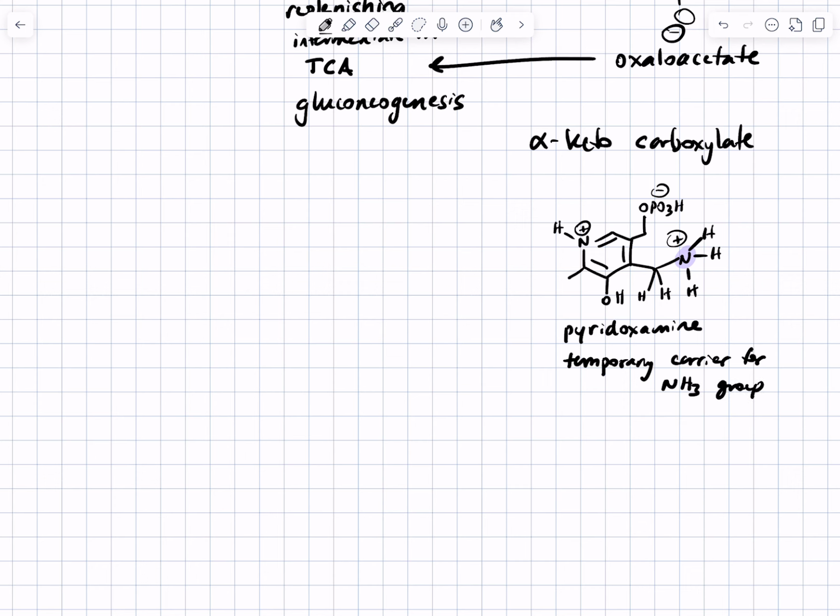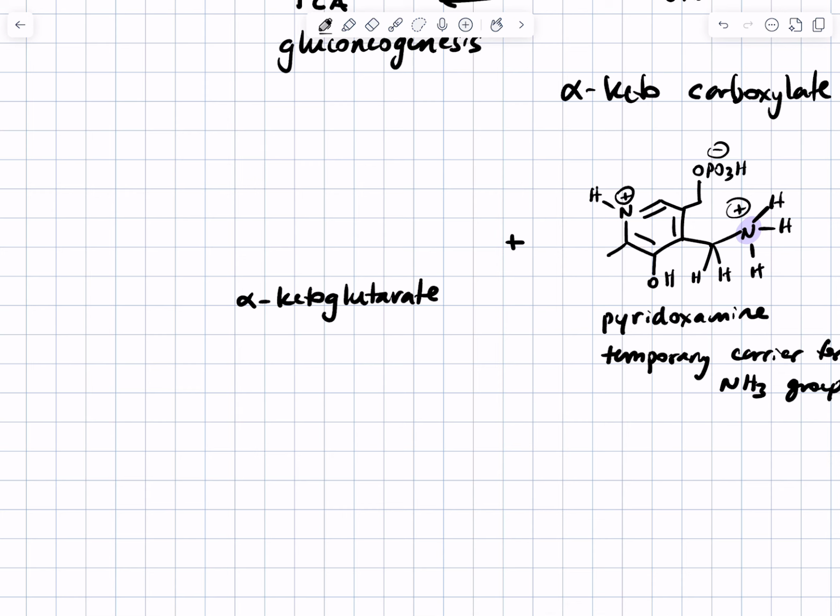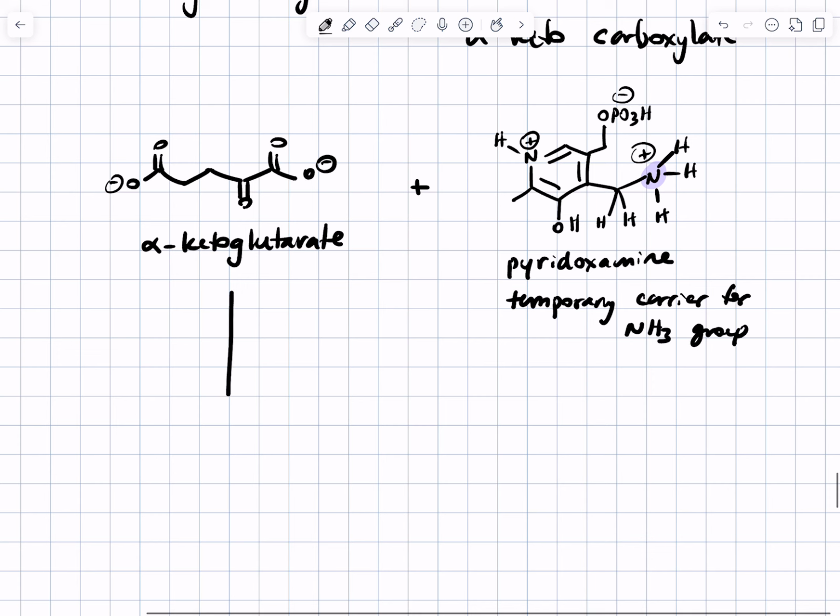What will happen is that your body will then take pyridoxamine and it will take another alpha keto acid, in this case alpha ketoglutarate, which I'm going to draw for you here. This is also an intermediate in the citric acid cycle, a 5-carbon alpha keto acid. It's going to do exactly the same thing that we did before, except in reverse.